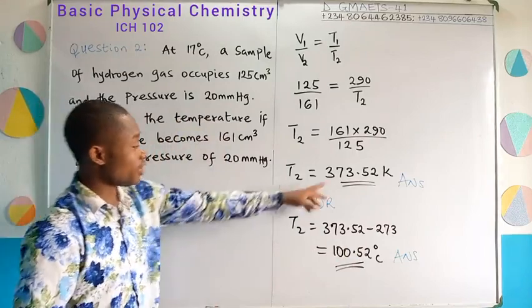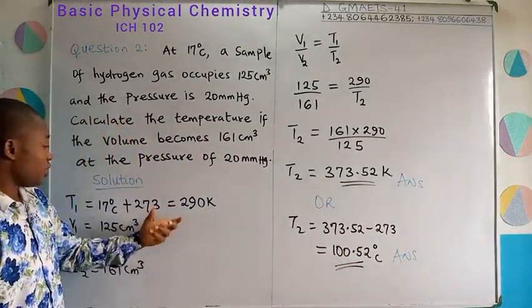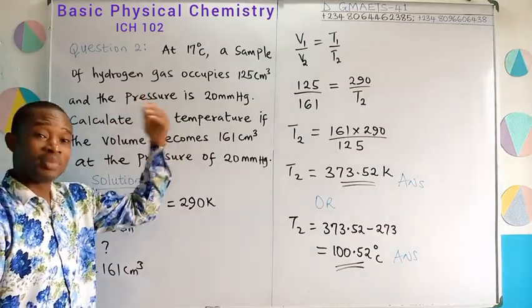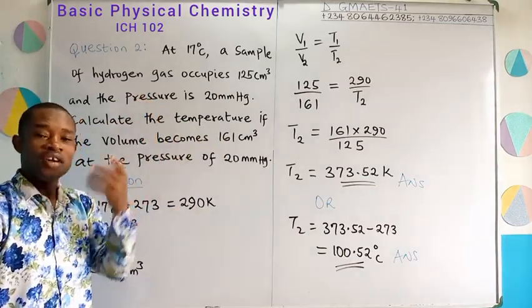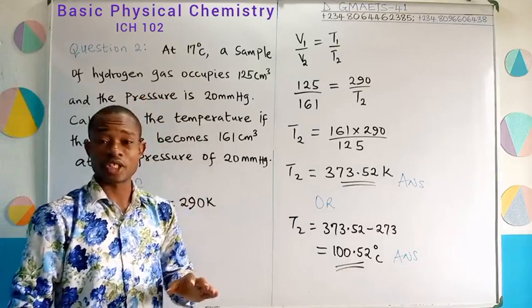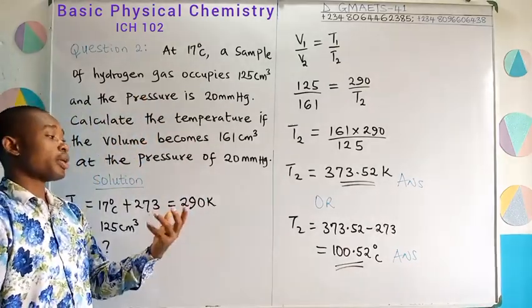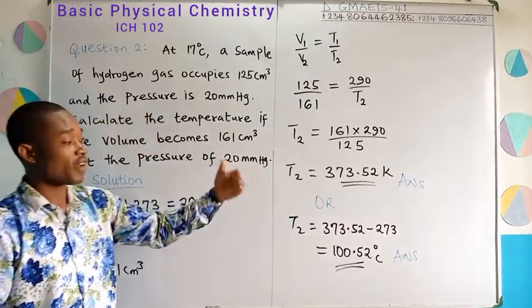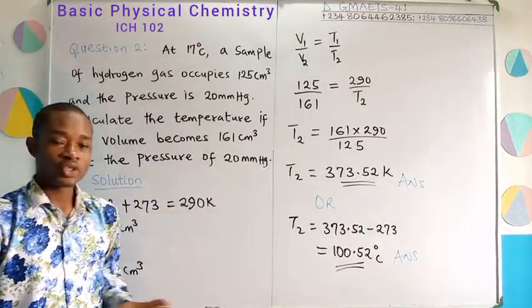If you also check that of the Kelvin value, initially it is 290 Kelvin. Since in this problem the final volume increased and you are dealing with Charles' law, volume is directly proportional to temperature. So the final temperature will also increase. In Kelvin, you saw that you have a value 373.52, which is greater than 290 Kelvin.